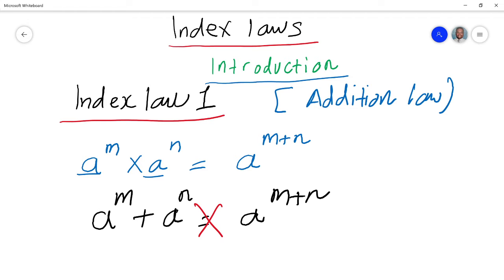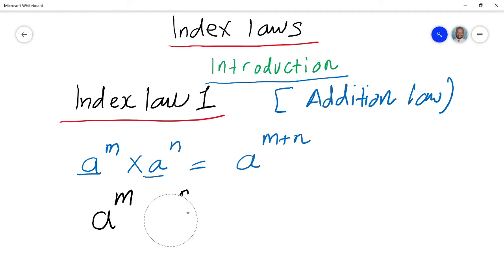You need to get the plus out and replace it with a times. A lot of students make these mistakes, and that will cost you marks because you're not going to get the answer right. So the first law is the addition law: a to the power m times a to the power n is a to the power m plus n.